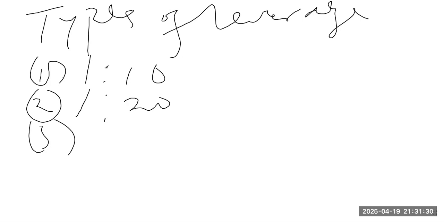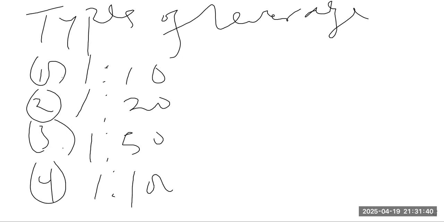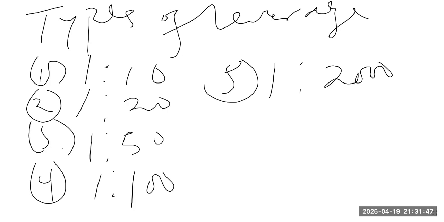Number three, 1 to 50. Then number four, 1 to 100. We still have number five, 1 to, let's say, 2,000. You get? And so on and so forth. So it depends on the broker you are using. These are the types of leverage you will find with different brokers, depending on the kind of broker you are using.